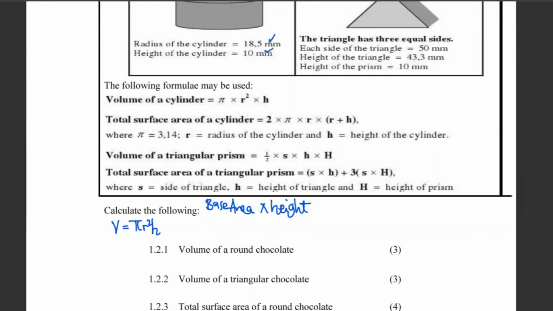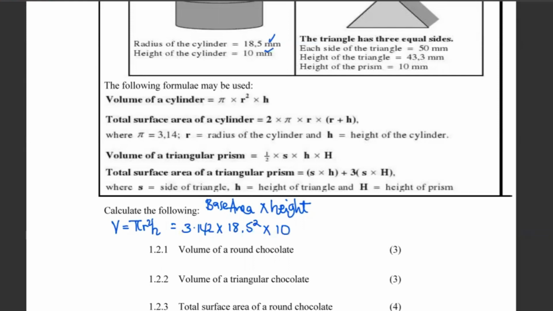So just come down here, we said volume equals pi r squared h. So it will be 3,142 times 18,5 squared times the height, which is 10. Please don't put the 10 here and you change.